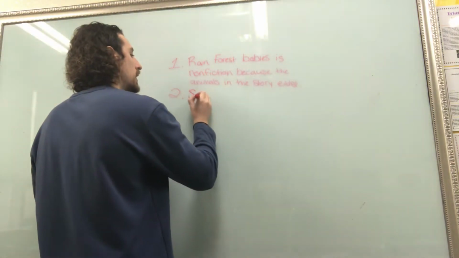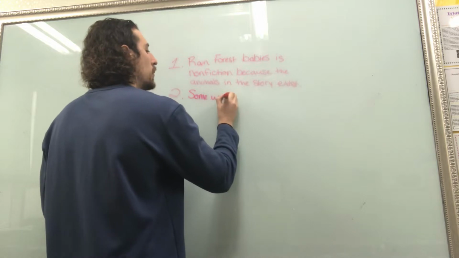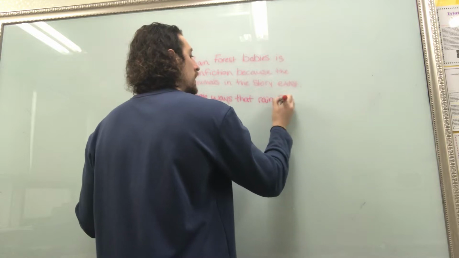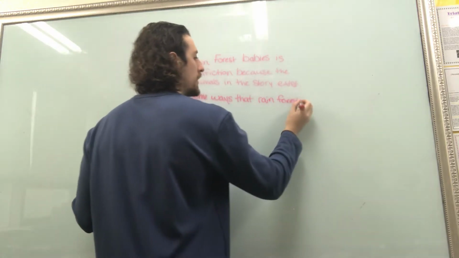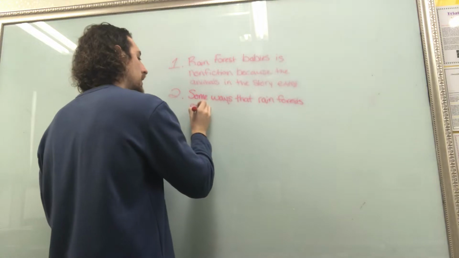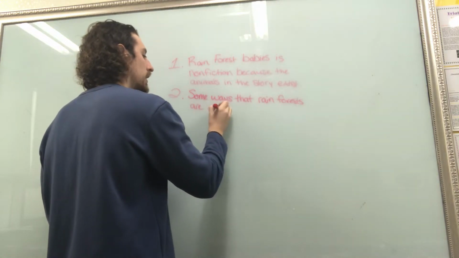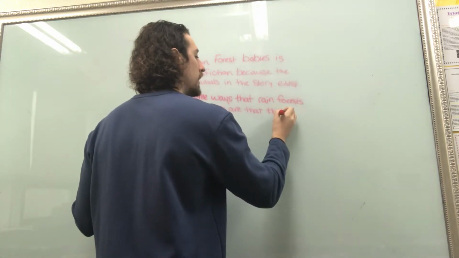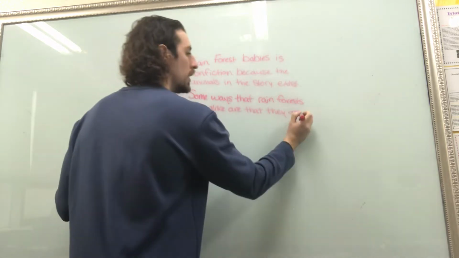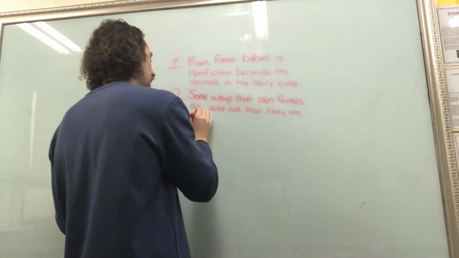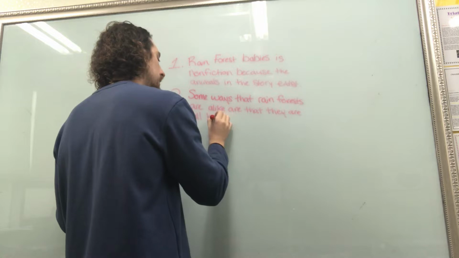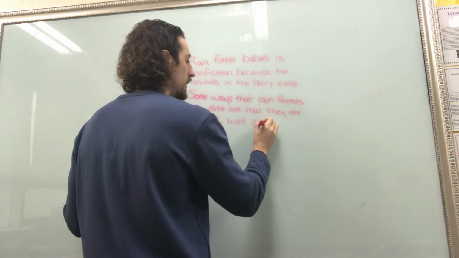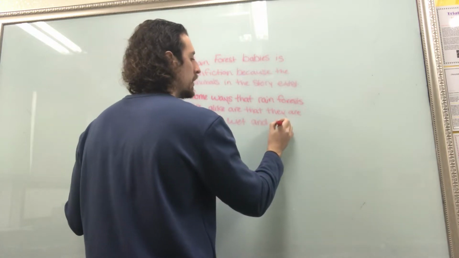So, some ways that rainforests, with an S, forests, are alike are that they are all hot, comma, wet, and, don't forget the and, green.